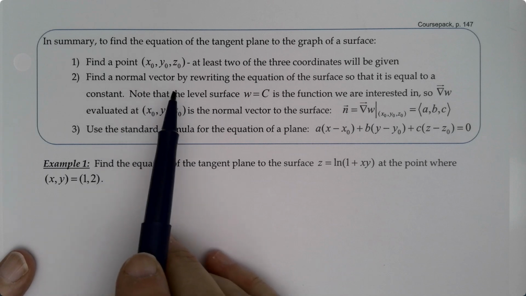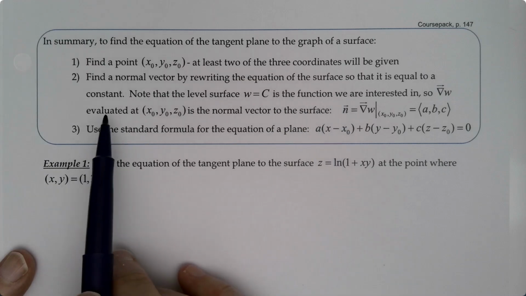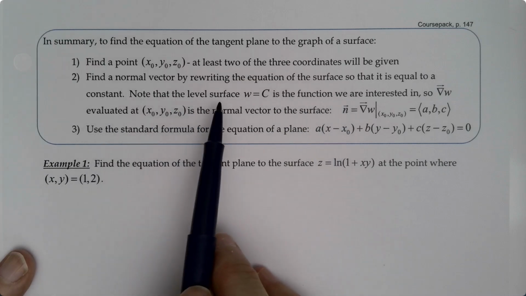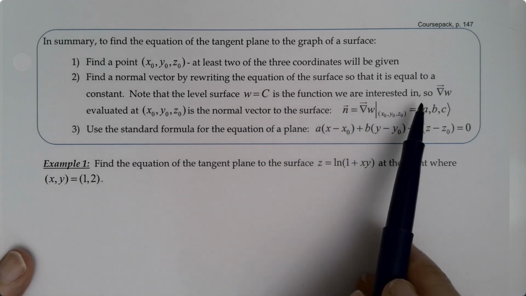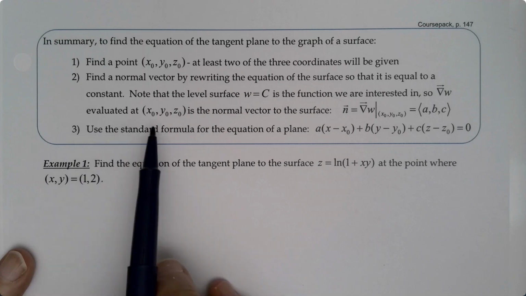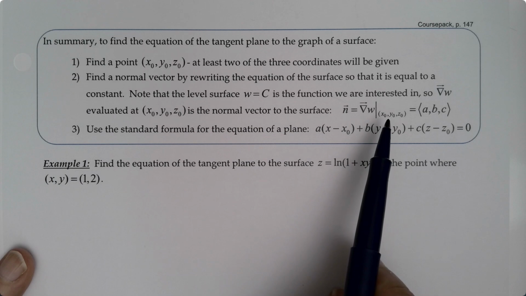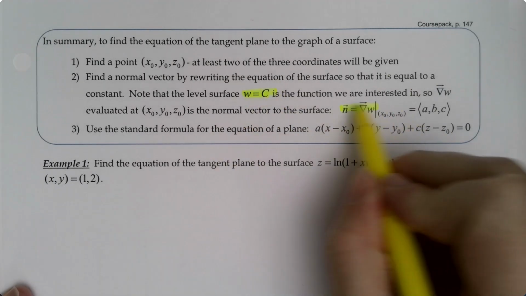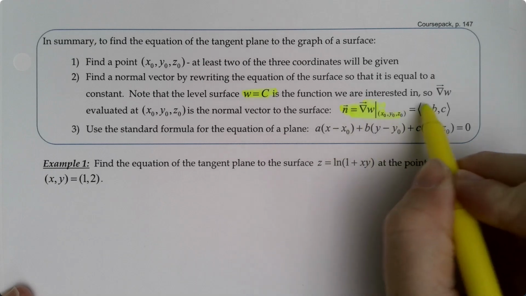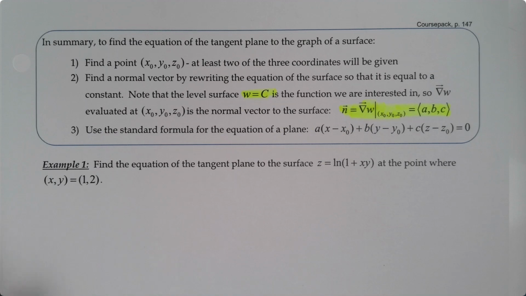Find a normal vector by rewriting the equation of the surface so that it is equal to a constant. Note that the level surface, w equals c, is the function we are interested in. So the gradient of w evaluated at that point is the normal vector to the surface at that point. So right here, you let w be a constant, and this will happen. And then we just use the standard form of the equation, and we're fine.